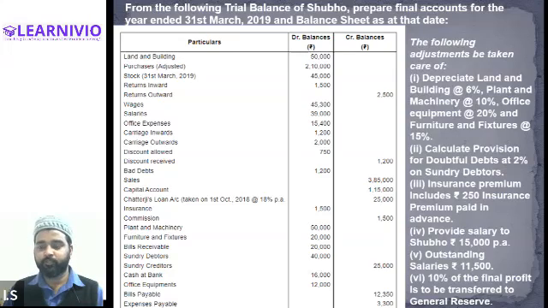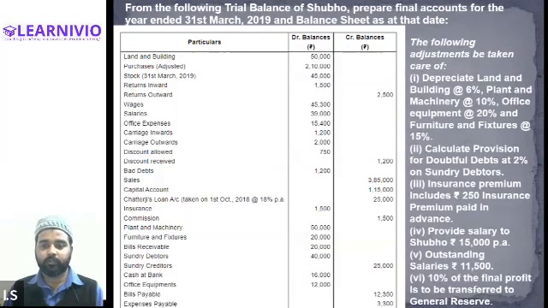When you look at the adjustments, you will see that there is an adjustment entry regarding land and building. Adjustment item number 1 says depreciate land and building at the rate of 6%. That means we have to charge depreciation on land and building at the rate of 6% per annum.